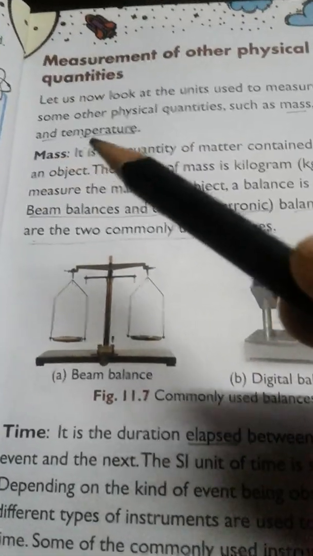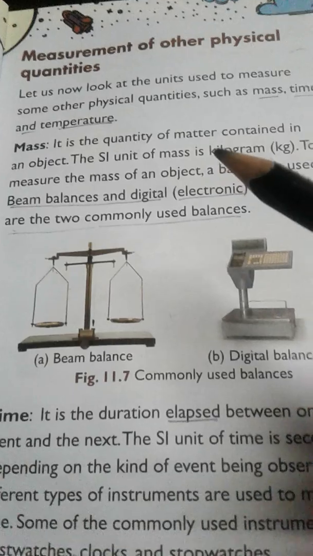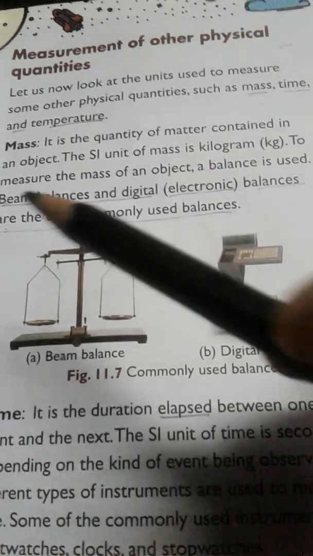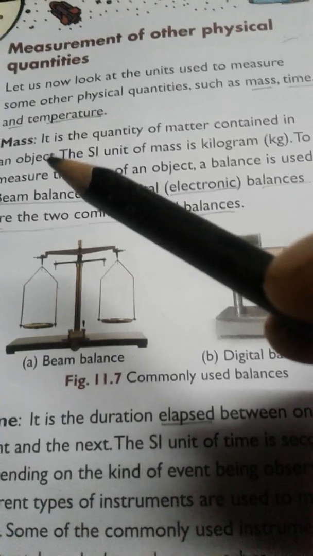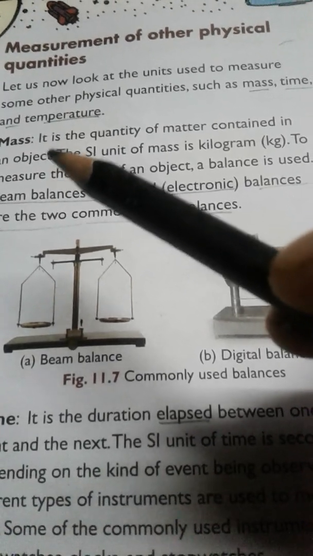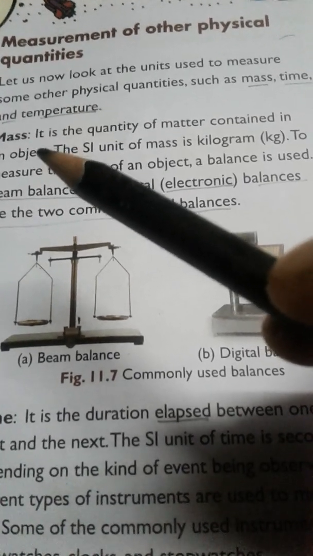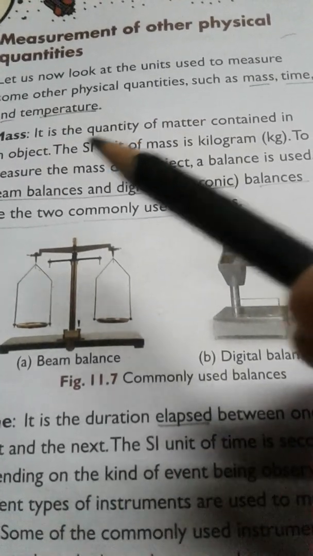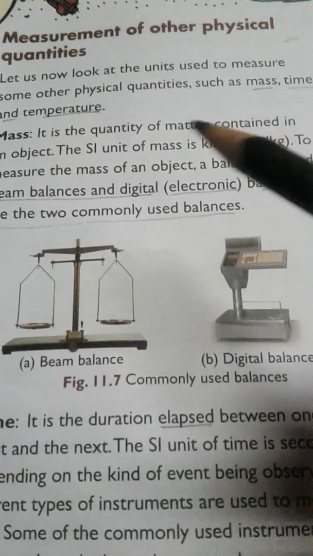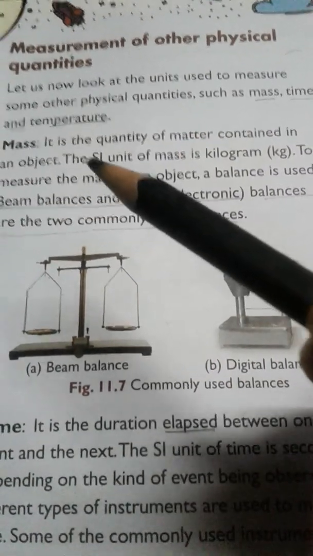Mass. What is mass? It is the quantity of matter contained in an object. For example, a table. Table is an object and it is made up of wood. Then wood is the material or matter. How much material is present in the object? It is the mass.